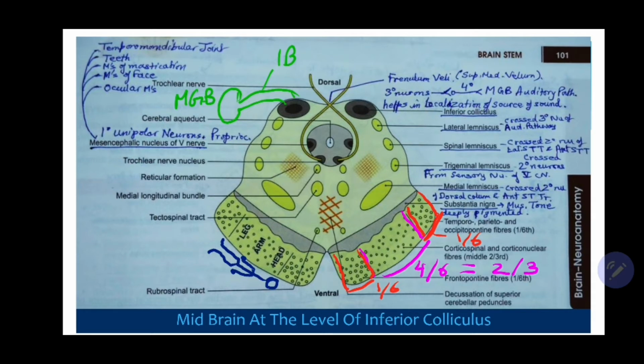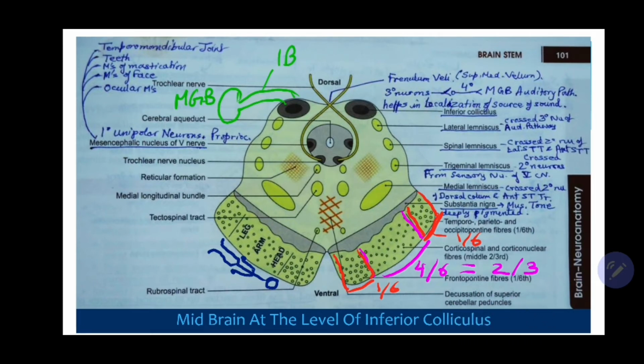Then that was about the gray matter you have seen here. Now I will be talking about the white matter present in the tegmentum. So firstly, the medial most structure you are seeing is the decussation of superior cerebellar peduncles.